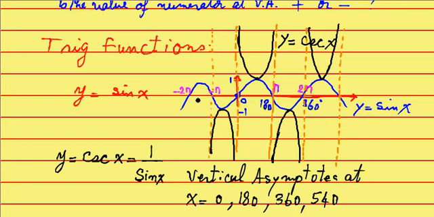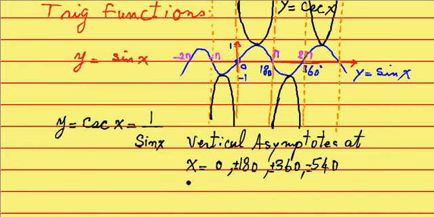This is -180, -360, so really I have plus or minus in front of these. We said we try to push ourselves toward radian measures: 0, plus or minus pi, plus or minus 2 pi, plus or minus 3 pi, and so on.